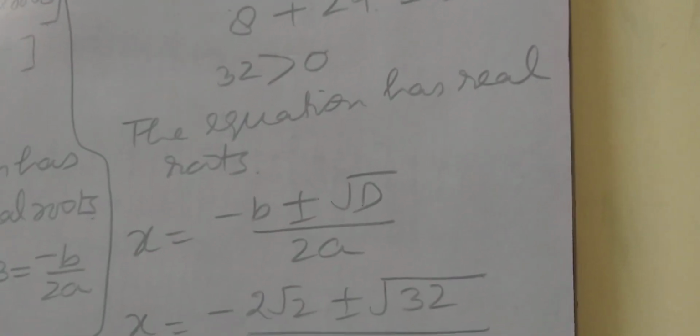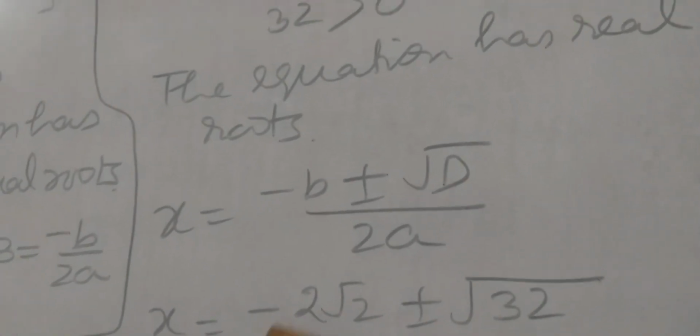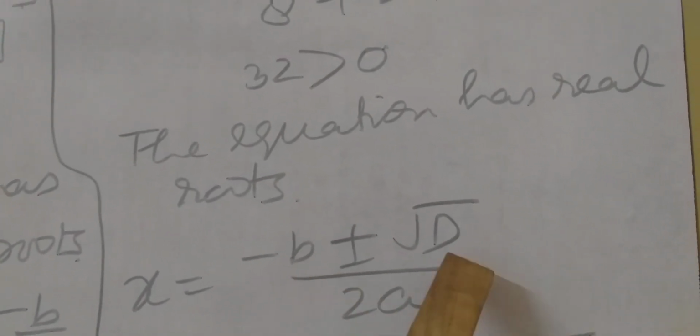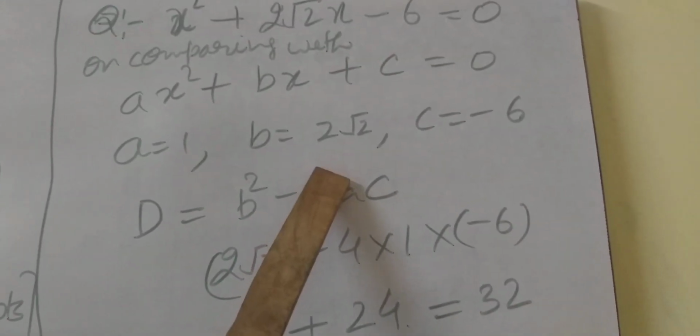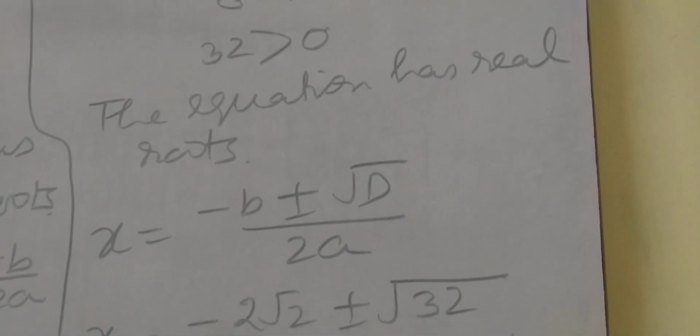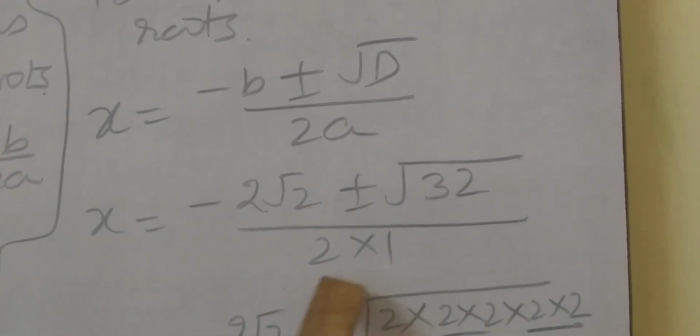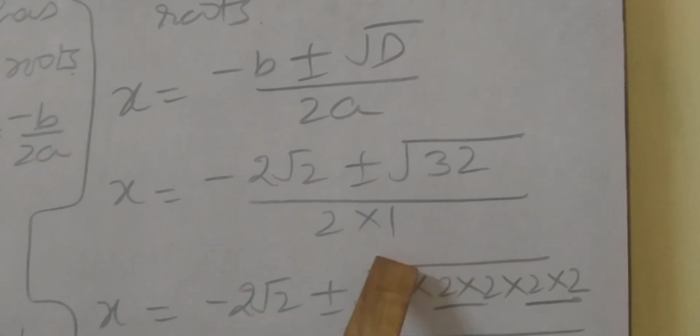Correct? Now write the formula. X equals minus b plus minus root D upon 2a. Let us put the values of b, a, D. B value 2 root 2, a value 1 and D value 32. So minus 2 root 2 plus minus root 32, upon 2 into 1, a value 1, students.